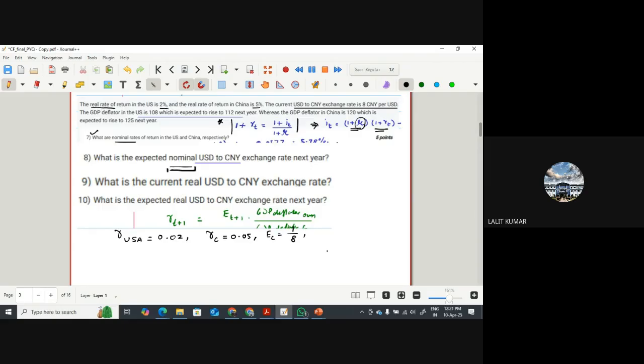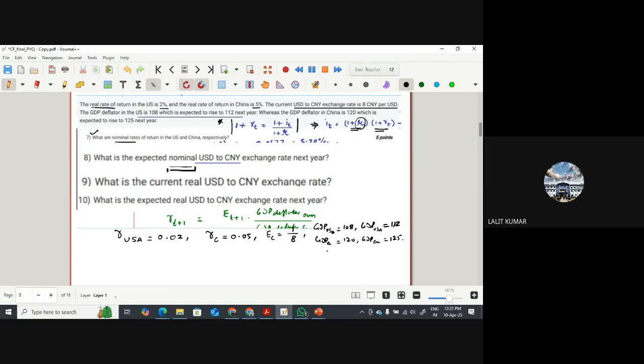The GDP deflator in the US is 108. So GDP deflator presently, USA is 108. And it is likely to become GDP deflator USA 112. For China, GDP deflator is given as 120 and likely to become 125. So these are the four questions we have to solve.